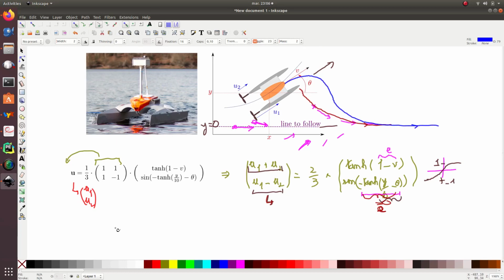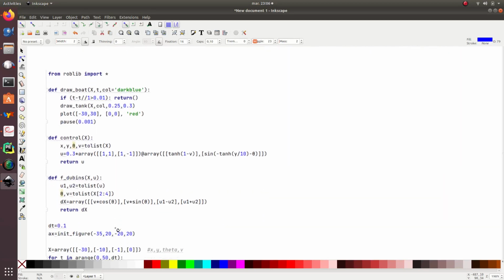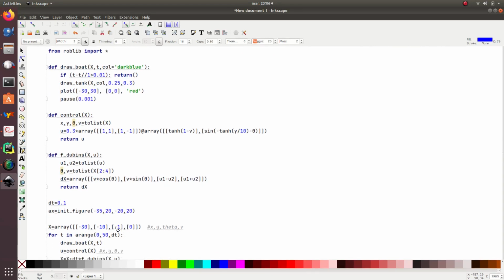I will now consider a Python program for this. So I will use the RobLib library. This is a procedure to draw the boat. This is the controller. So here I enter the state x, y, theta, and v, and then the controller will return me u.